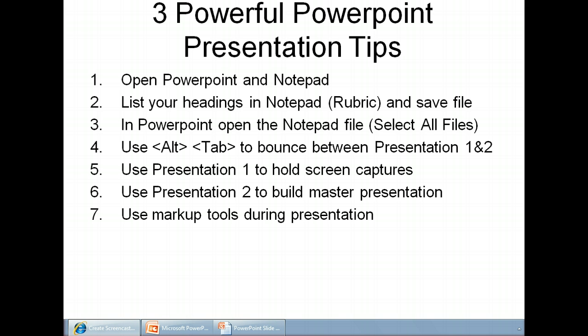We're going to have file 1, file 2, and we're going to use the Alt tab to bounce between these 2 presentations. We're going to use the first one to hold screen captures, then we're going to use the second one to build a master presentation. Then we're going to quickly go over using markup tools during the presentation.